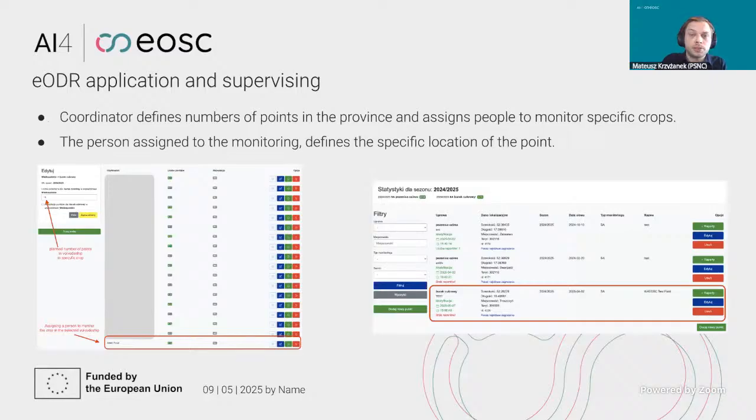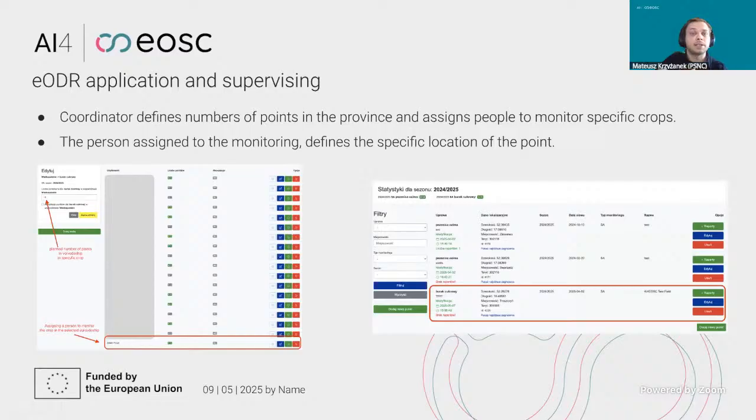Elder application and supervising. So the coordinator defines the number of monitoring points in a given province and assigns individuals responsible for monitoring specific crops. This is done on the coordinator's expert knowledge, understanding of the region, and awareness of potential threats to the crops.